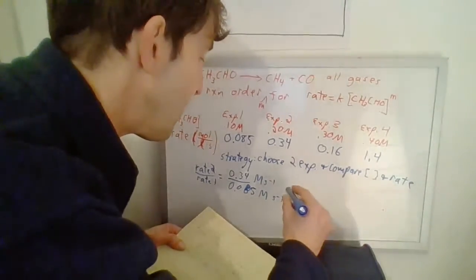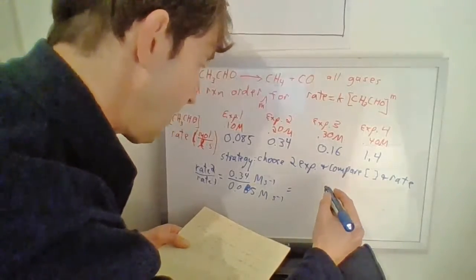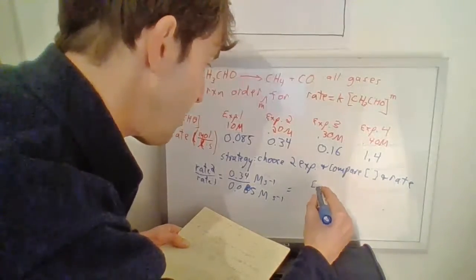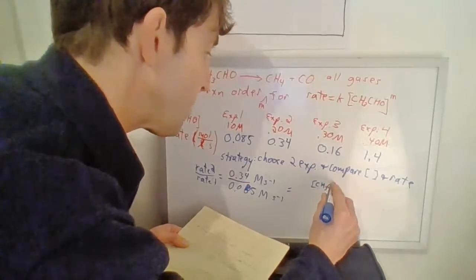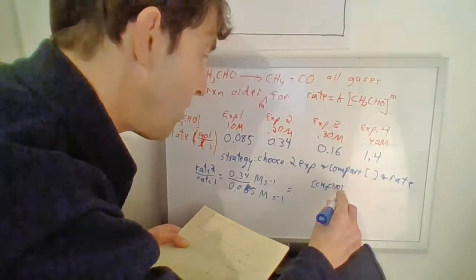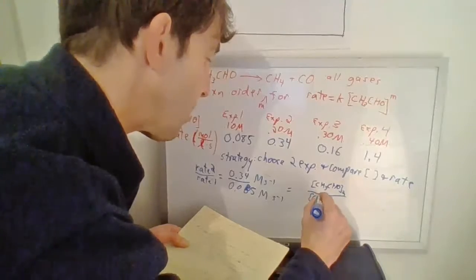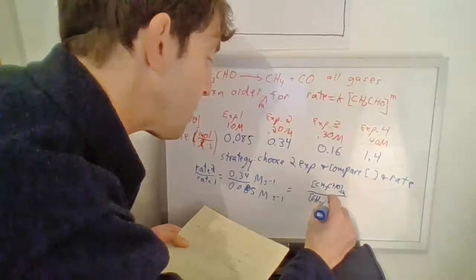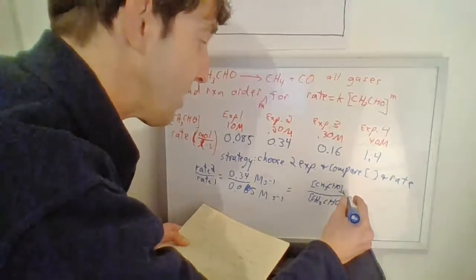And then next to it, those without a calculator can do this. Let's take the concentration of CH3CHO in experiment 2 and divide it by the concentration of CH3CHO in experiment 1. Well, that's easy, isn't it?